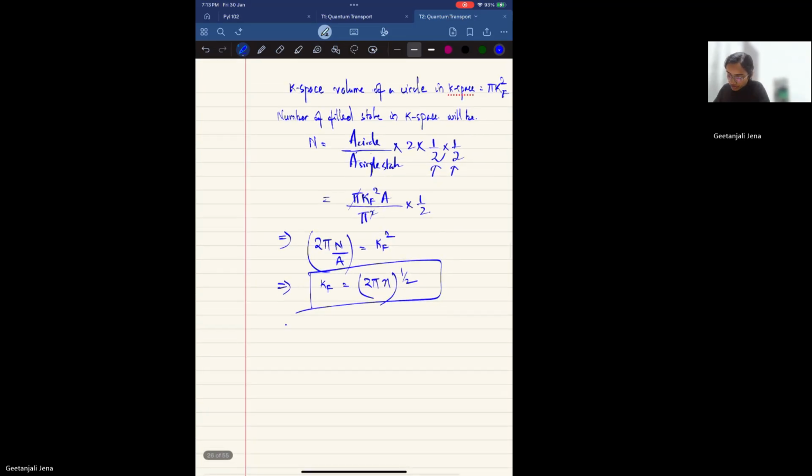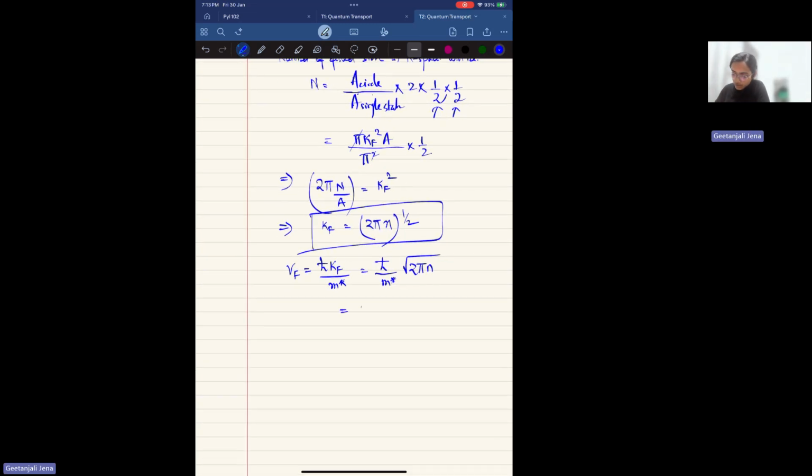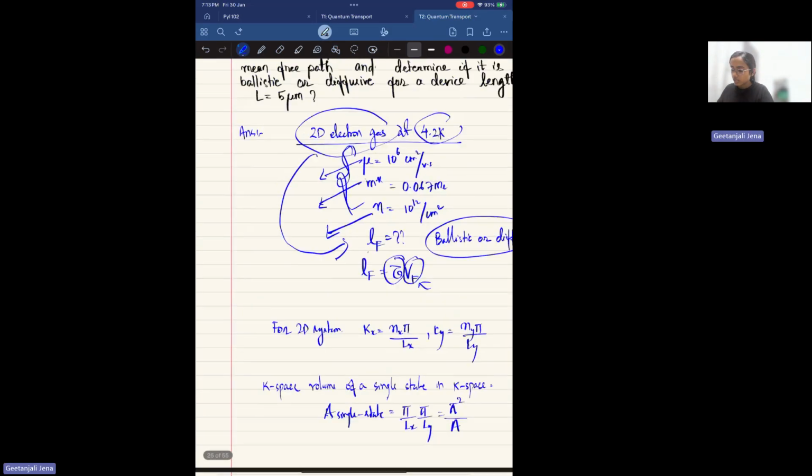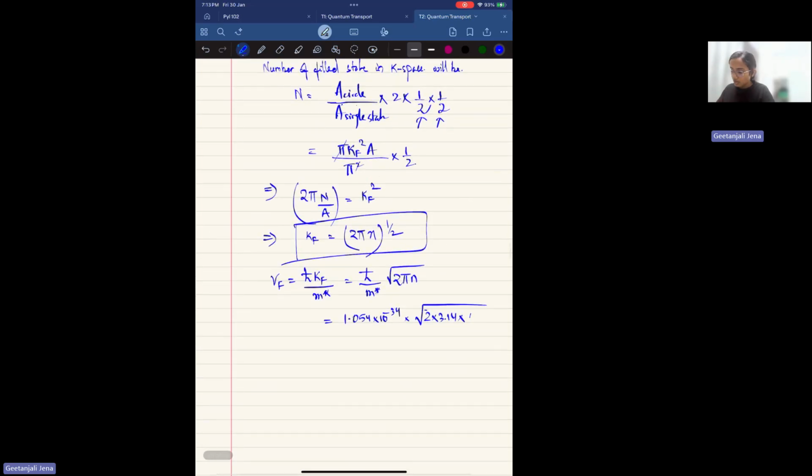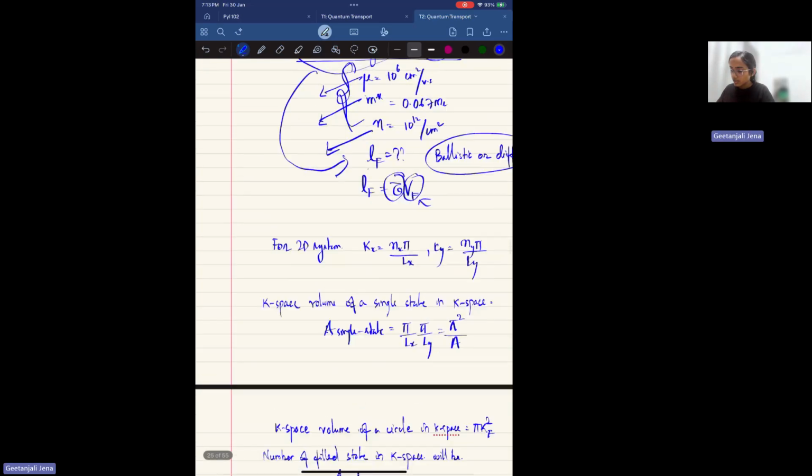So for vF, this will be ħkF by m star, that means ħ by m star times the square root of 2πn. Let us put the values. ħ will be 1.054 times 10 to the minus 34, multiplied by 2, 3.14, and n is 10 to the 12 per centimeter square.